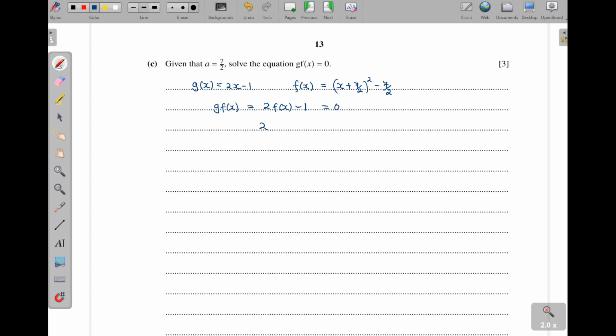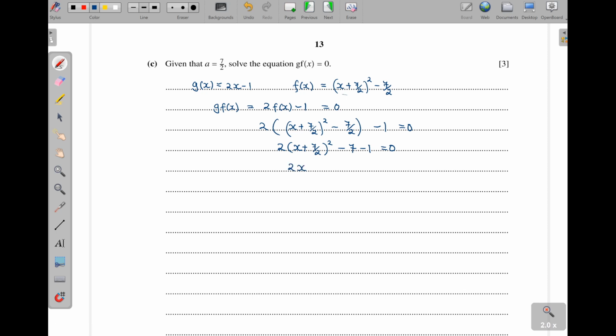So we shall have 2 times x plus 7 over 2 squared, then minus 7 over 2, then there is a minus 1, is equal to 0. When we open the brackets, we have 2 into x plus 7 over 2 squared, then minus 7 over 2 times 2, that will be 7, then minus 1 is equal to 0.